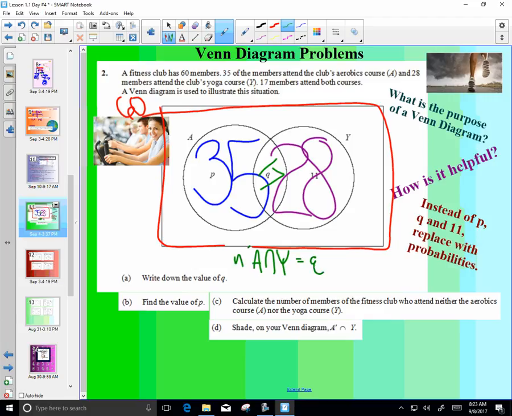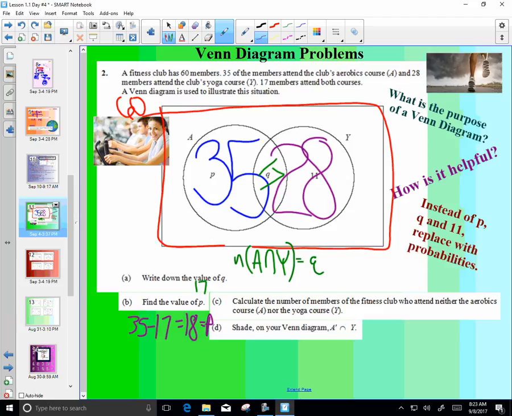And the number of that is going to be Q. And Q was 17, right? Then it says find the value of P. Well, what's P going to be? If Q is 17 and all of the aerobics is 35, then it's just going to be 35 minus 17, which is going to be 18.